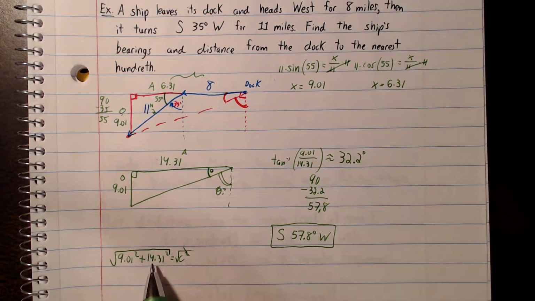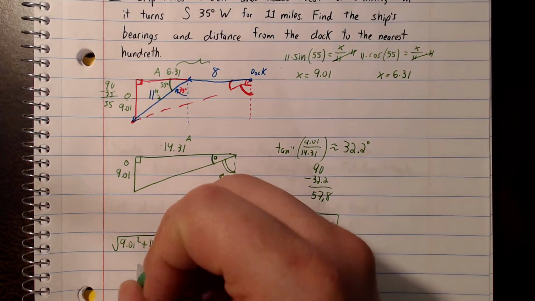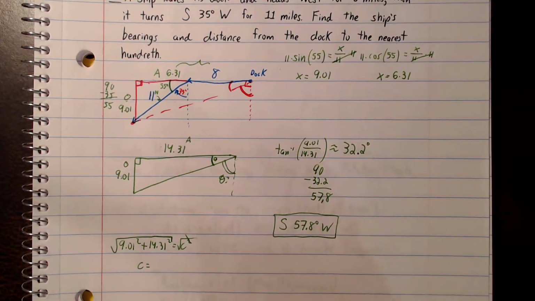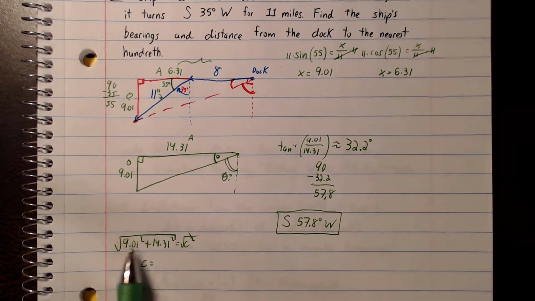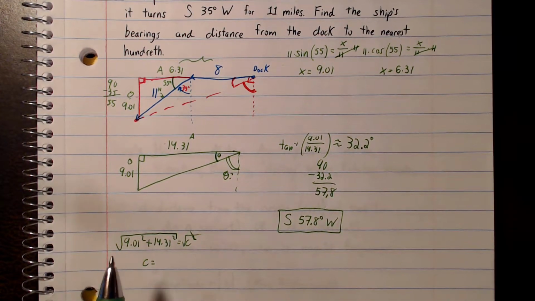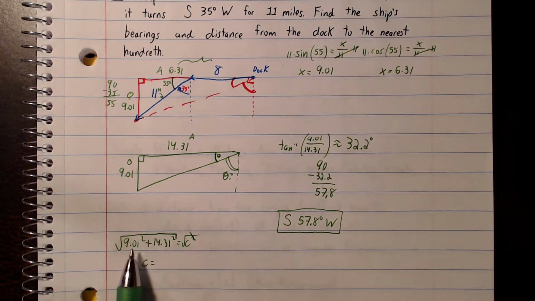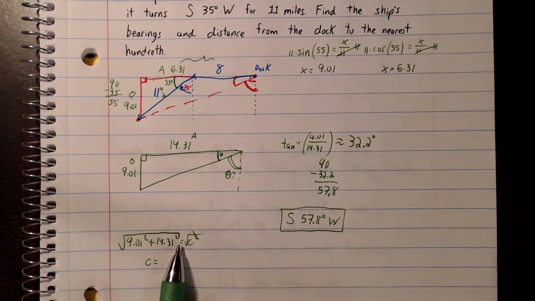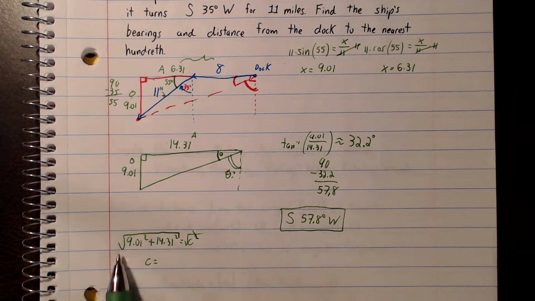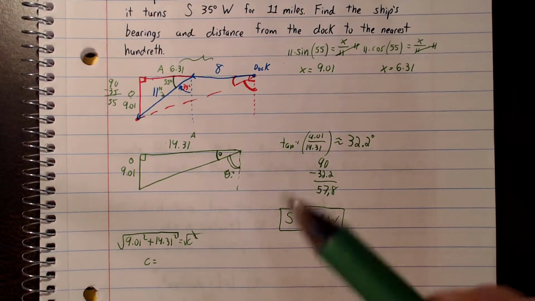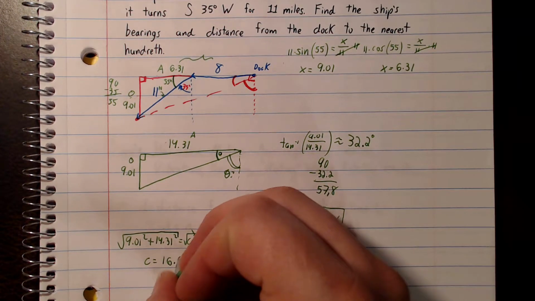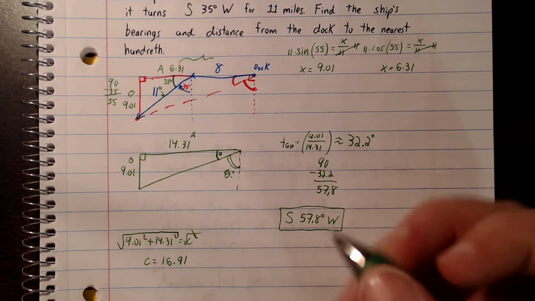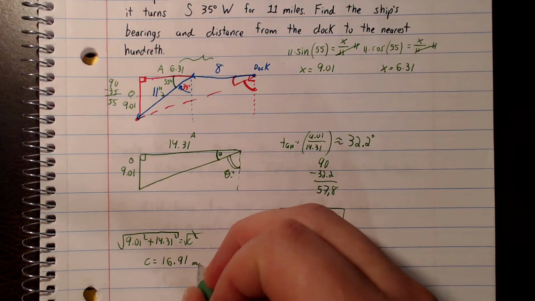This I can type right into my calculator because the people who designed Desmos or Texas Instrument calculators or whatever you worked on, they worked pretty hard for you to be able to do this. I would say though that just a plain iPhone calculator, you can't type this in straight. You need an actual app. So anyways, you do that and it comes out to be roughly 16.91. That's after rounding, and we're talking about miles.